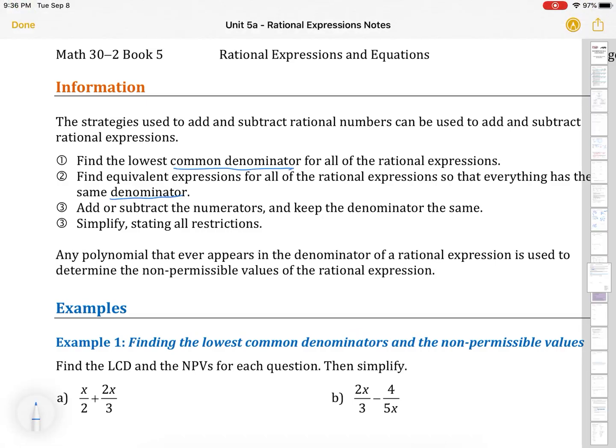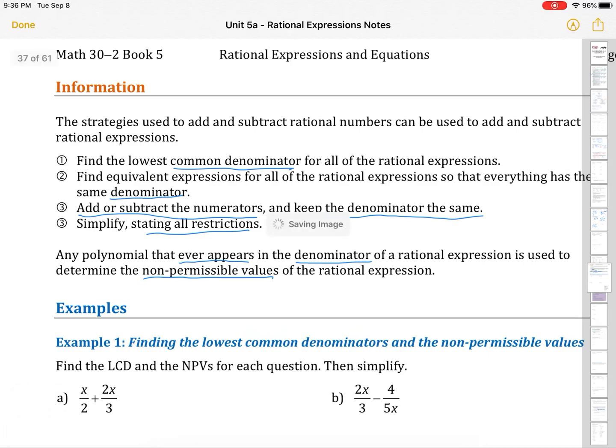And then we add or subtract the numerators, keeping the denominator the same. And then we have to state our restrictions. Any polynomial that ever appears in the denominator is used to determine the NPVs. So sometimes that denominator is going to be changed when you find your common denominator, and that's going to impact your non-permissible values.